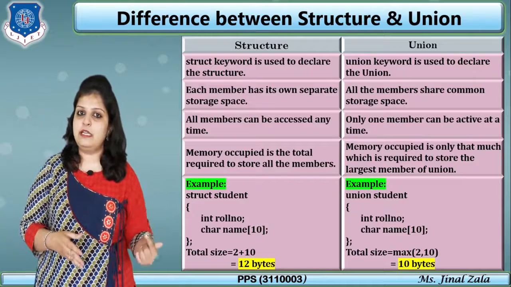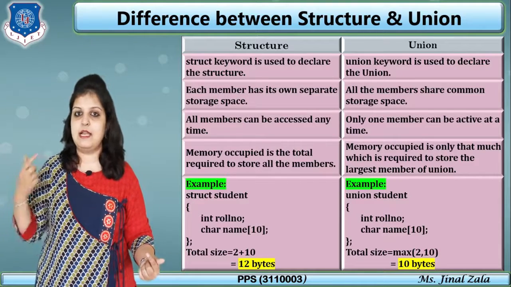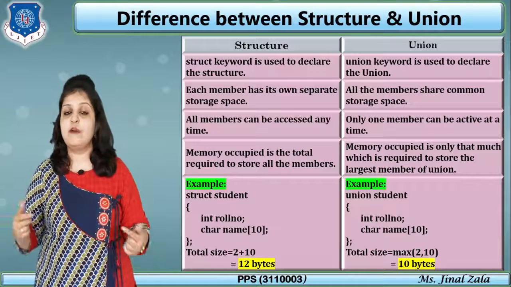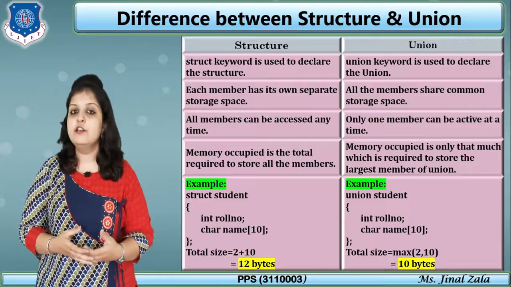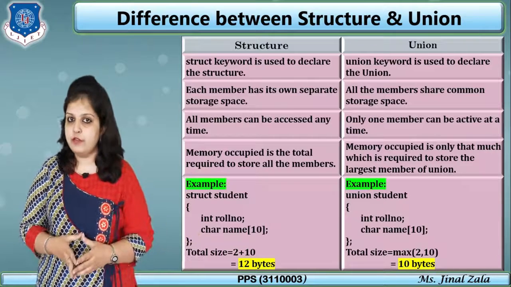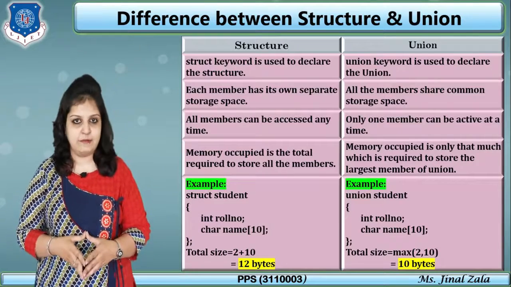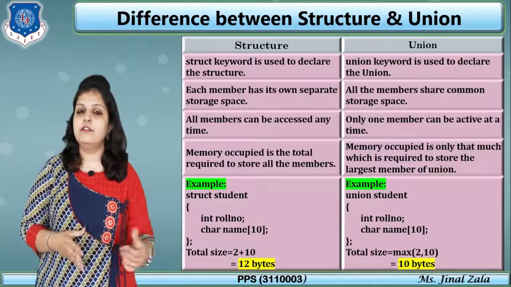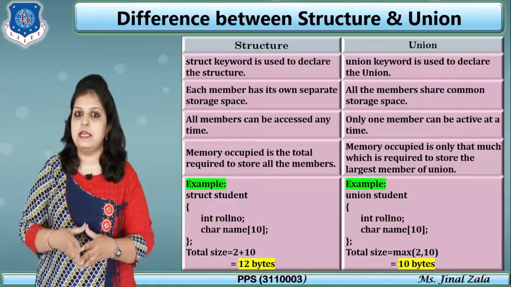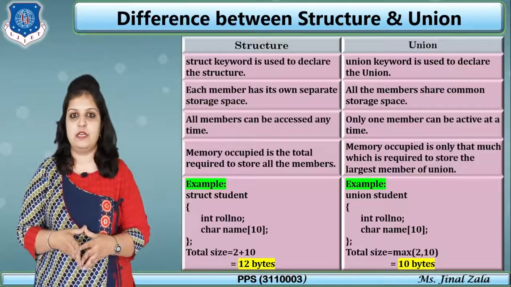First member will occupy 2 bytes, and for second 10 bytes. So find the maximum from 2 and 10, obviously 10 bytes. So when you declare your union variable, it will take 10 bytes. So here you can say that for union variable, memory is less as compared to structure variable.